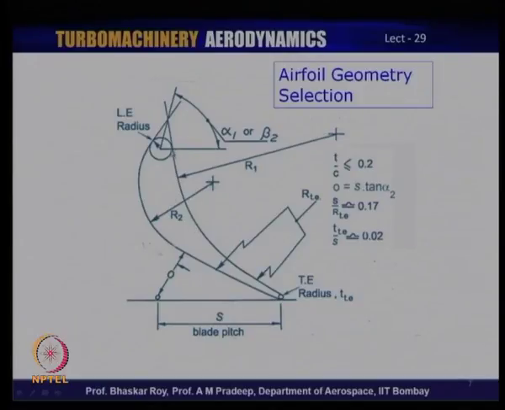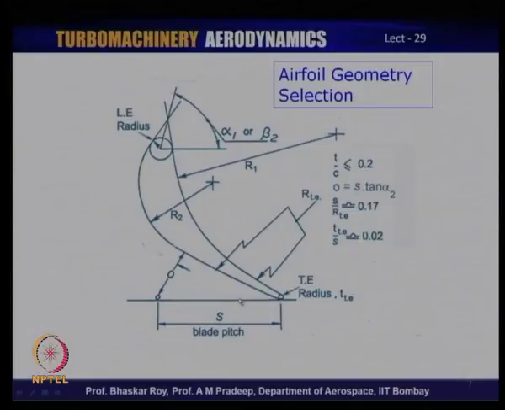So, you have a circular arc starting early on, maybe very close to the leading edge, and then from here onwards you probably have a straight line, more or less. So, you have a circular arc over here, and then you have another circular arc over here, and this is the radius of this circular arc.